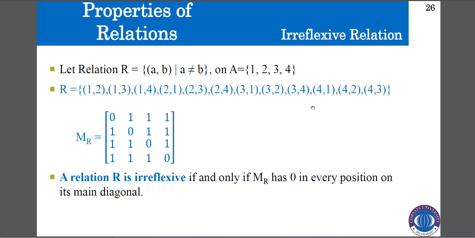It means that if a matrix has all diagonal values 0, then the relation based on that matrix is an irreflexive relation on the set.